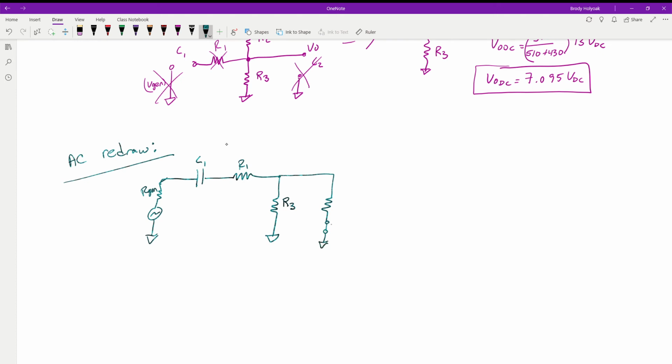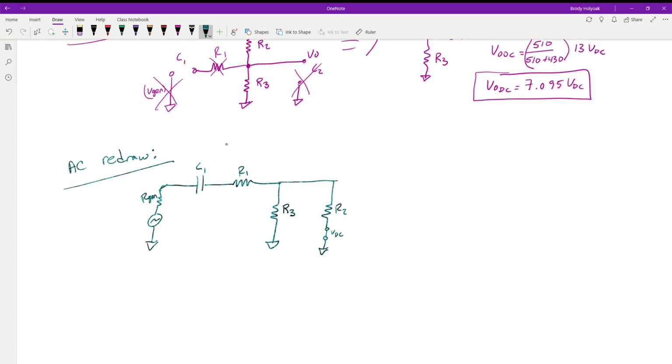We have our VDC that we've now shorted out to ground because we're doing just the AC portion, so the ground is connected to all the other grounds. Now we're left with R3 and R2 in parallel. The last portion is capacitor 2, which is also in parallel because it's to ground as well. This value here is our V out, so our V out is connected across the entire parallel branch of this circuit.